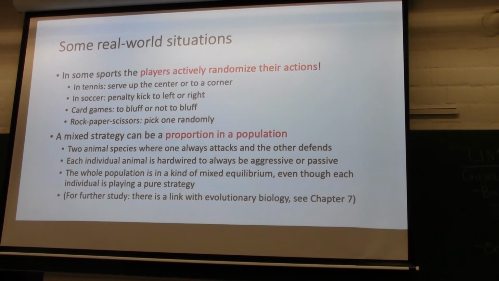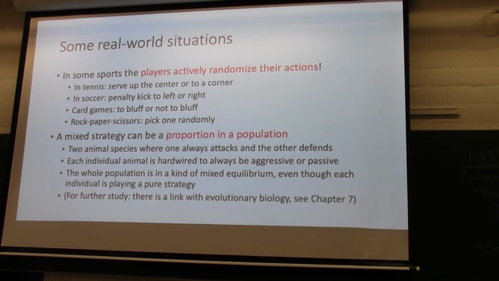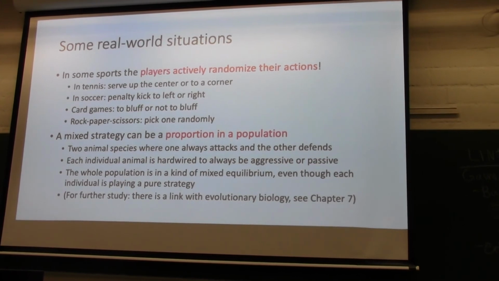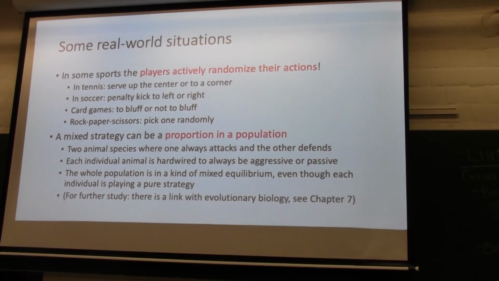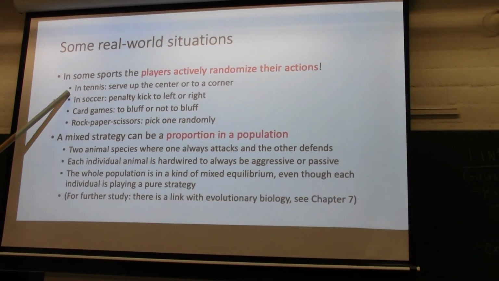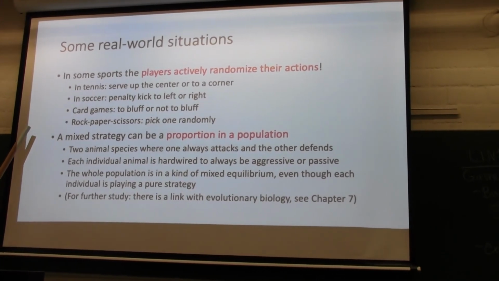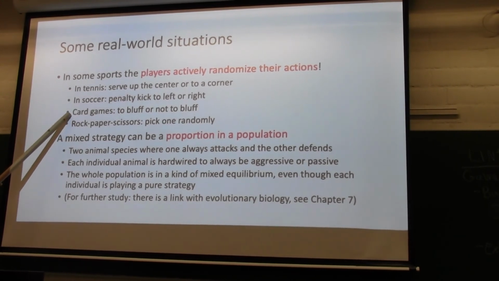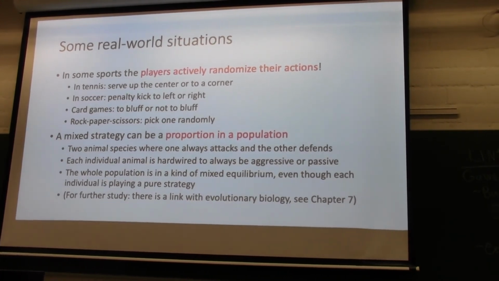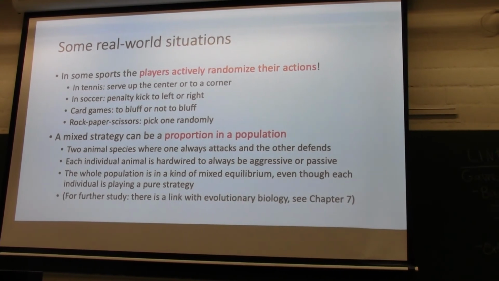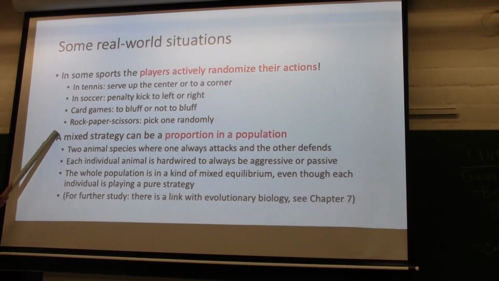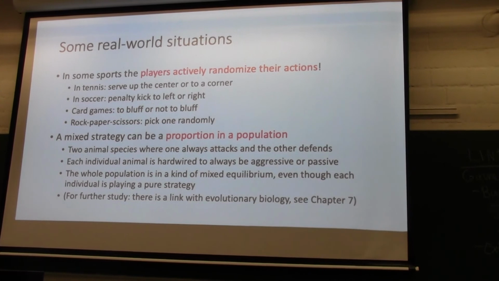And if you're a very good pro player, then the other guy, if he makes the wrong guess, will probably not be able to return your serve. Okay? So there's a randomization. Serve up the center or to a corner, or the penalty kick to left or right, or bluffing or not bluffing. In poker, it's not deterministic. There's randomness. Of course, rock, paper, scissors, randomness.